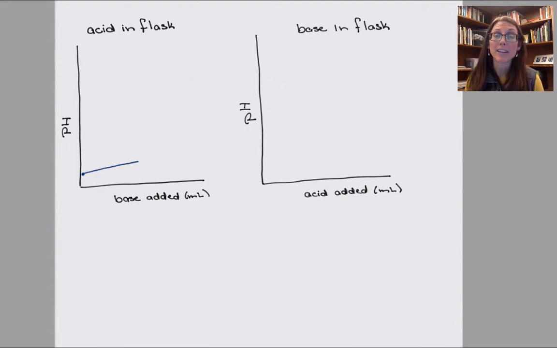And then as you saw in lab, when we come close to having equal amounts of acid and base, we are going to see a sudden jump in the pH as we reach that equivalence point. And then as we continue to add base, the pH is going to rise very rapidly and then it's going to level off as it is the excess base that's determining the pH of the solution.